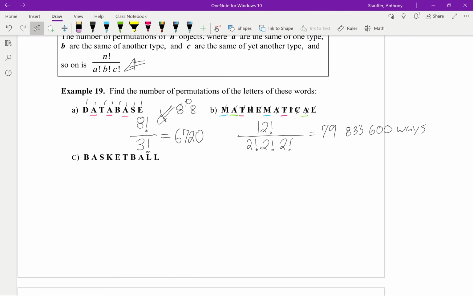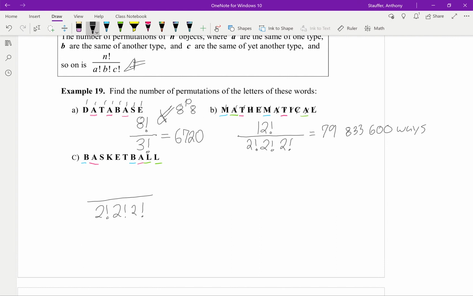Looking at basketball. Again, for basketball, I have 1, 2 B's. So I'm going to set up my bottom first, 2 factorial. And then from here, I have 1, 2 L's, so that gives me another 2 factorial. And I have 1, 2 A's, so that gives me another 2 factorial.